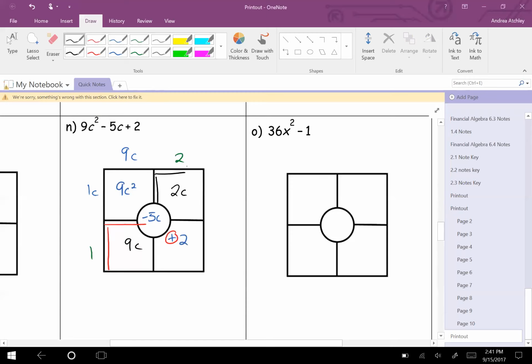3 and 6? We just did that, and it didn't work. So we have to erase the 2 and the 1 and switch those places. See if that works. Put the 1 here and the 2 here. Erase and check again.